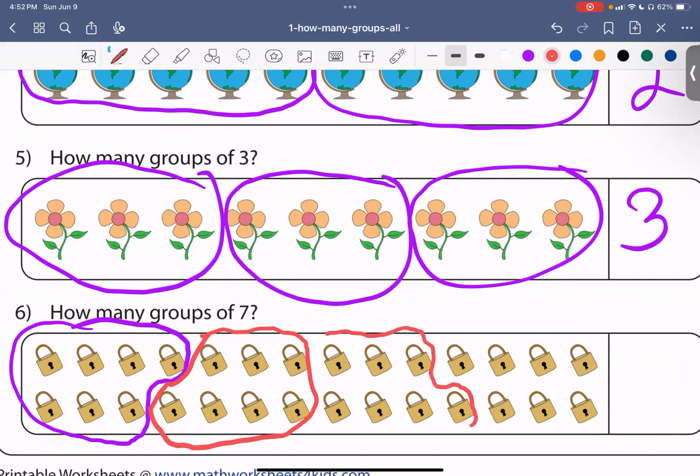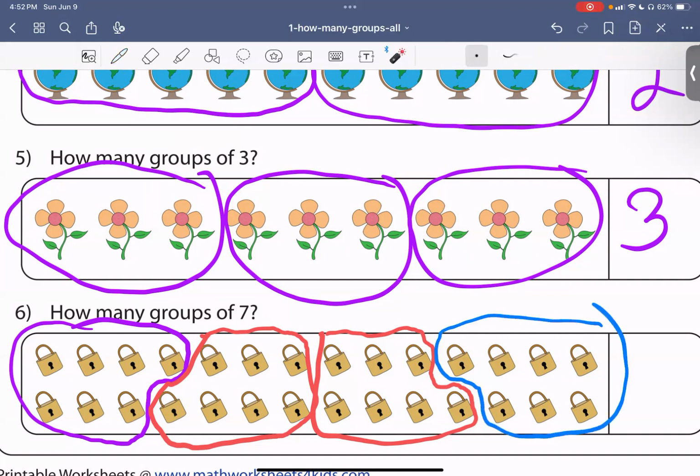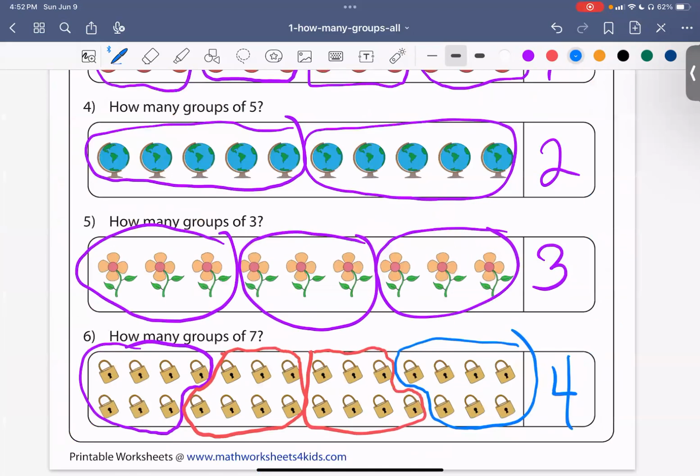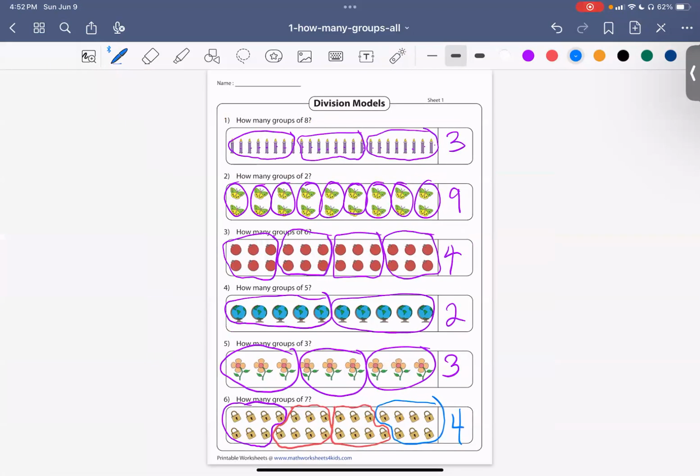Then I need 4. 3 plus 4 is 7. And then the last group of 7 is here. So I have 1, 2, 3, 4. 4 groups of 7. All right. So this is how we divide.